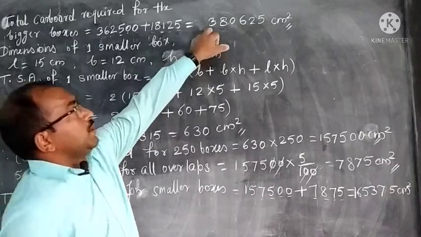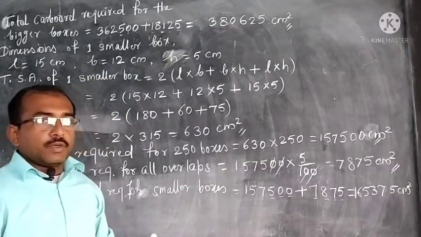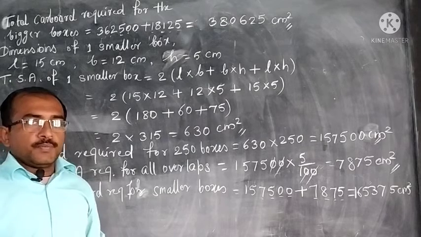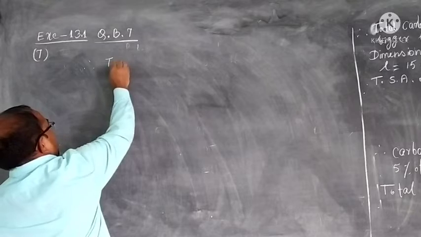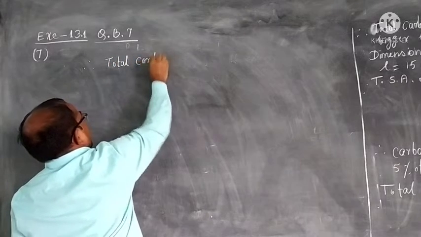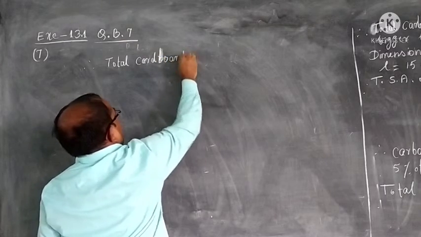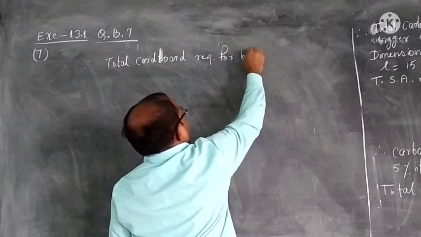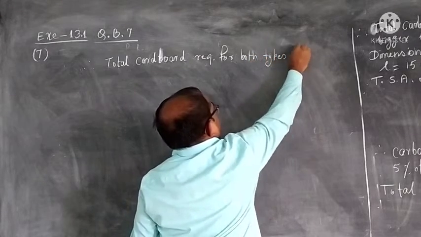Big one we need 3,80,625. So how much cardboard together we need to buy so that we can supply this order? Let's see. We will add both for getting the total cardboard required for both types of boxes.